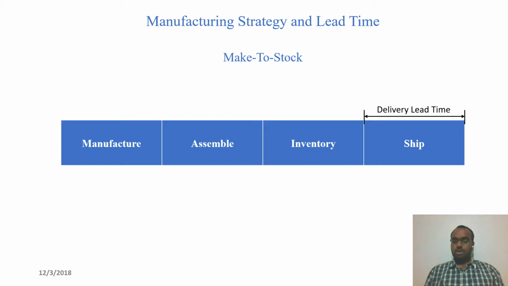So the finished product is present right at the inventory, and once a customer places an order, the product from the inventory goes to the customer through the shipping stage. So the only lead time is the shipping time. So that's the main thing to be noted in the make-to-stock strategy.